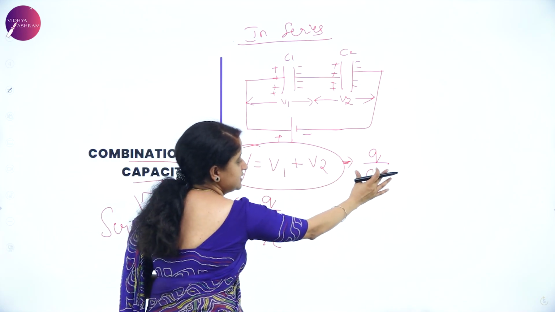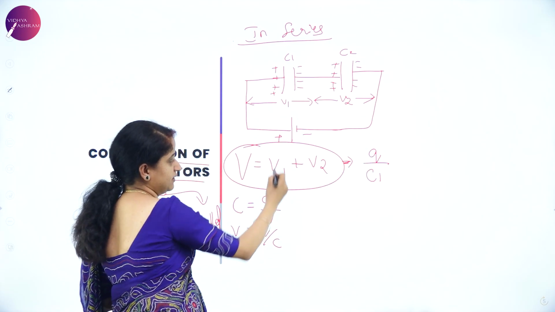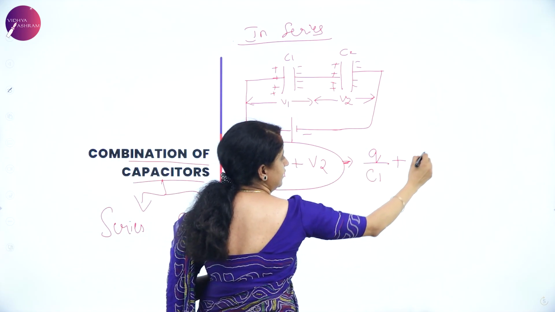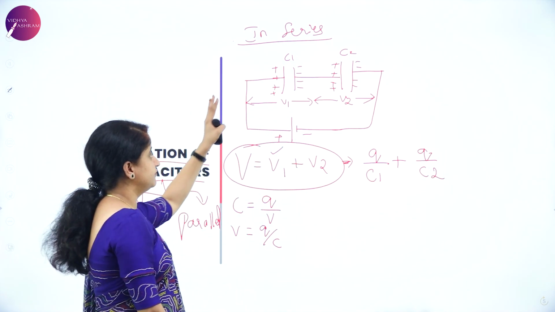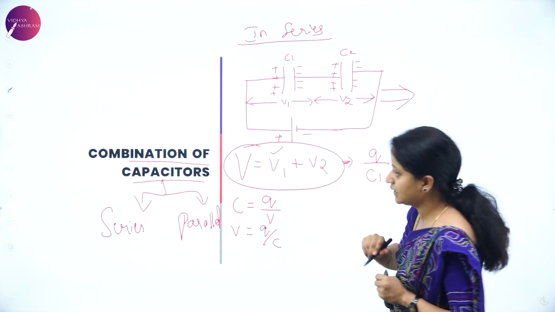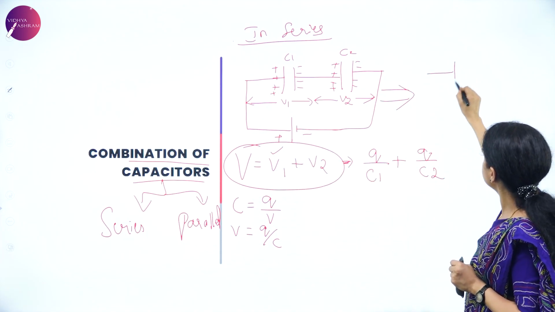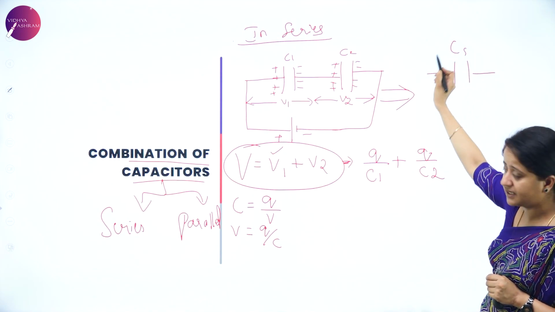Since the capacitors are different, I have taken C1 and C2, so it is Q by C1 for V1. For V2, it is Q divided by C2. Now, if these two capacitors are replaced by a single capacitor of capacitance C, since it is a series combination, I have taken it as CS.